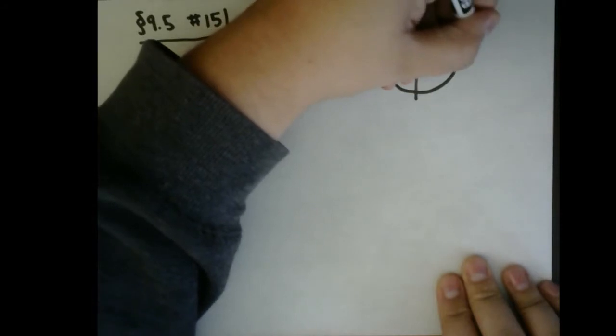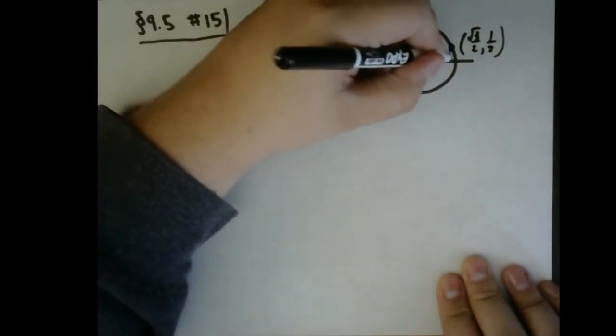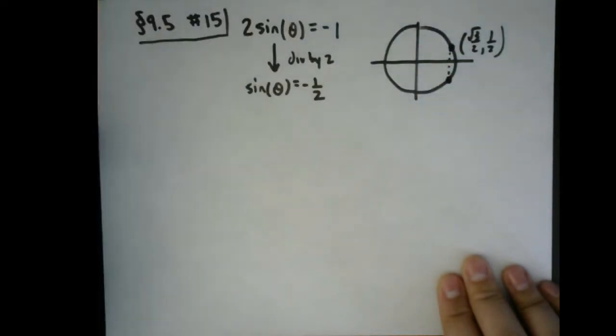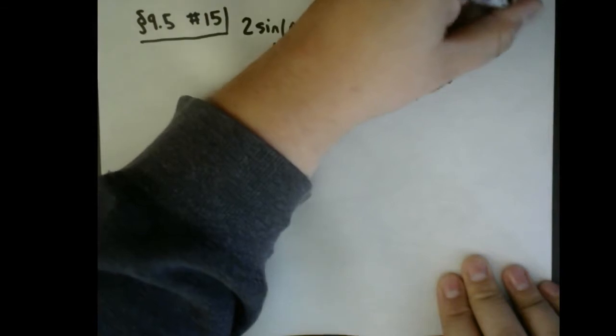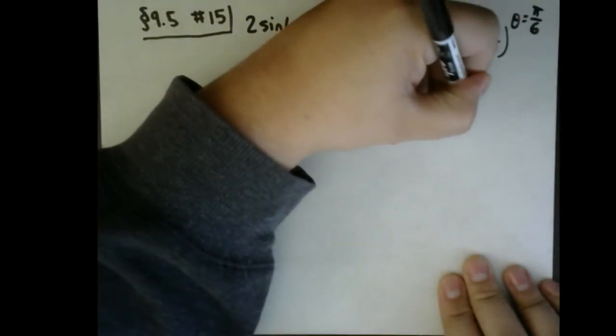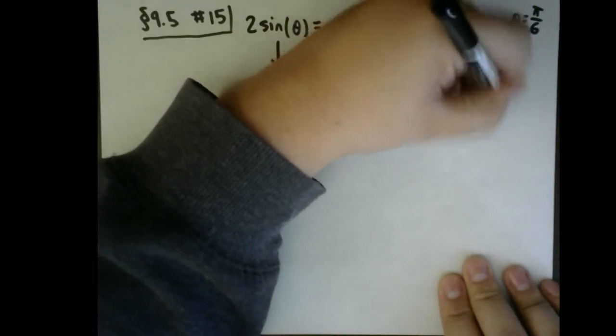Well, I do know that at pi over 6, I will have a sine of positive 1/2. So moving vertically from that point will change the sign of that point from positive 1/2 to -1/2. So I get root 3 over 2, -1/2.